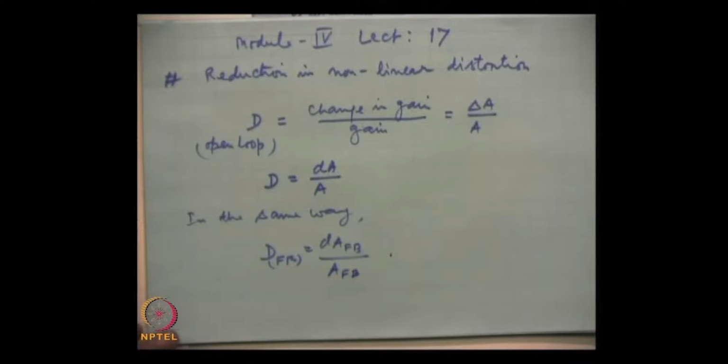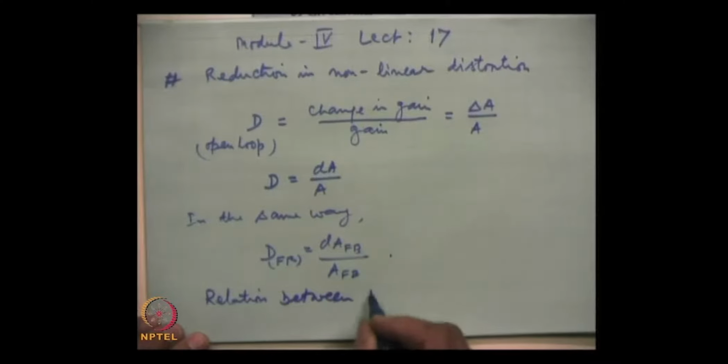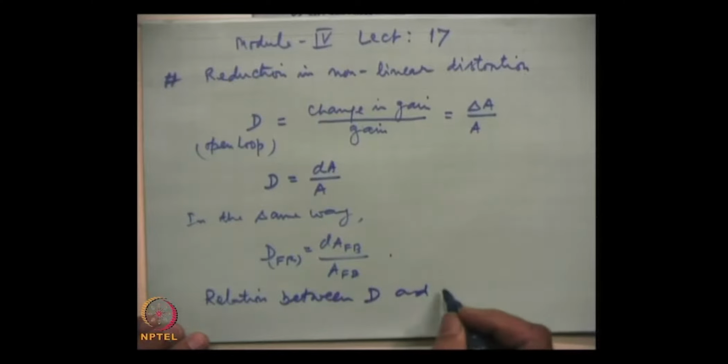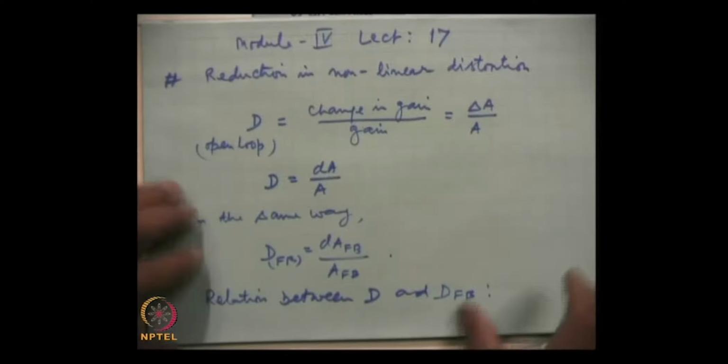Now, we have to arrive at a relation between D and DFB. In between these two distortions, we have to find what the relation is.